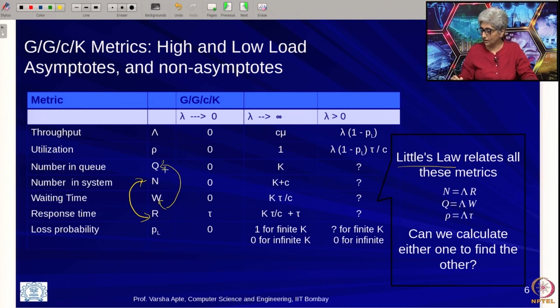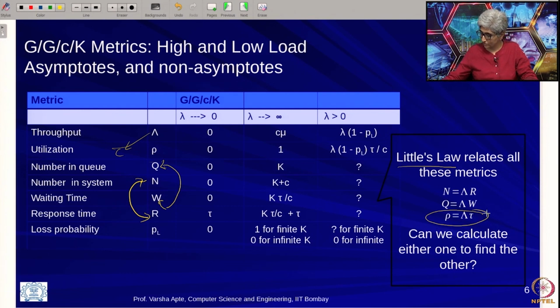I also want to remind you that even the utilization law is nothing but an application of Little's law for the server. If you relate lambda, the throughput, with the service time, then you get utilization.